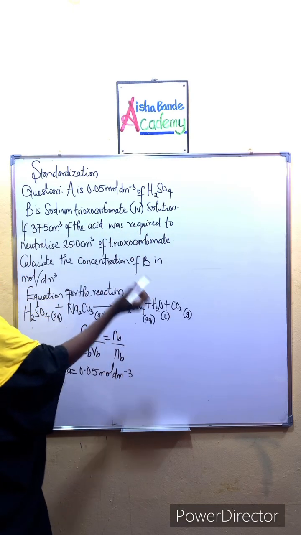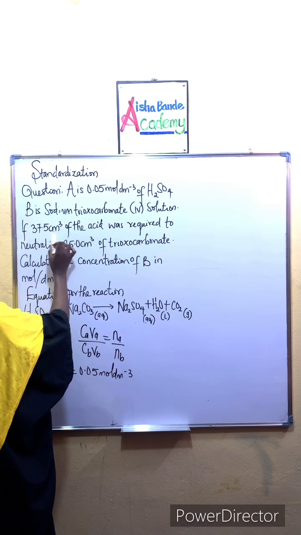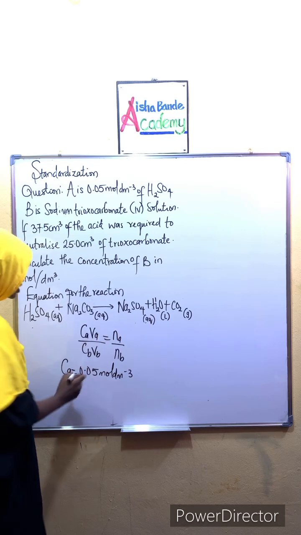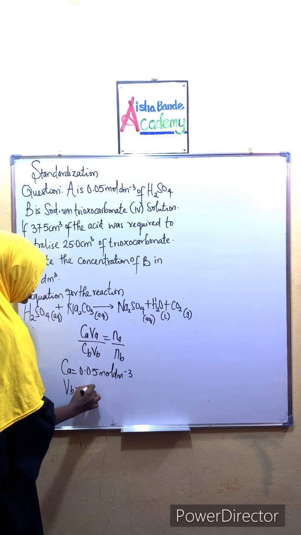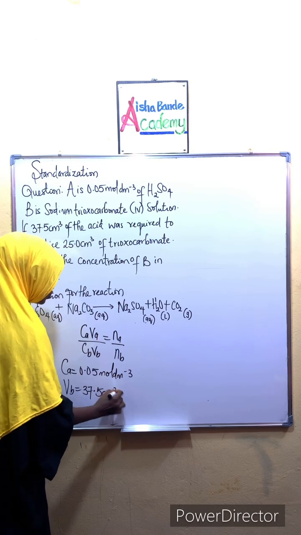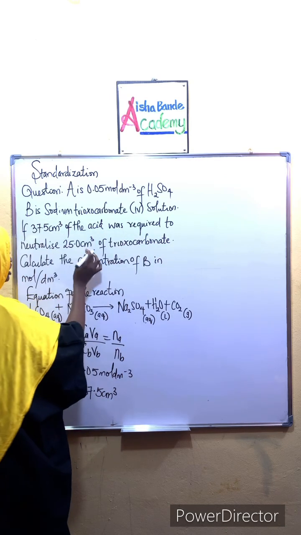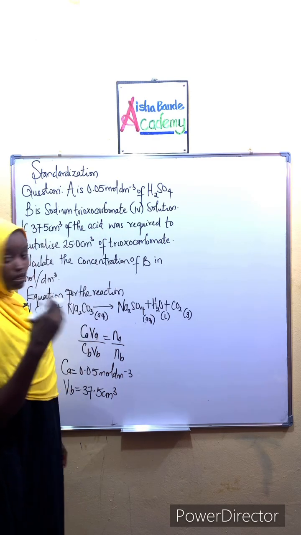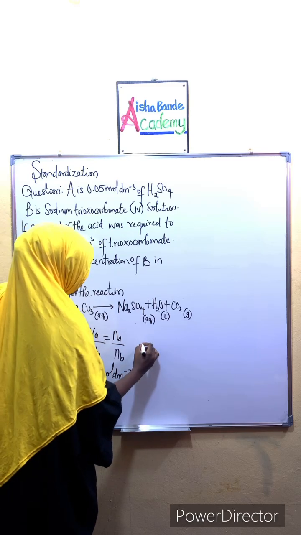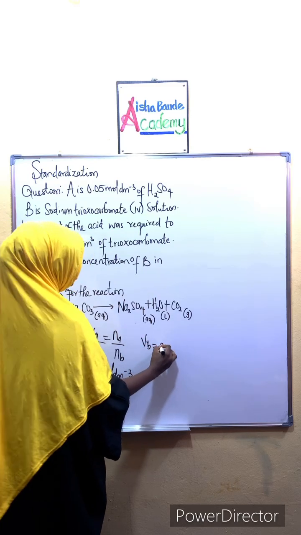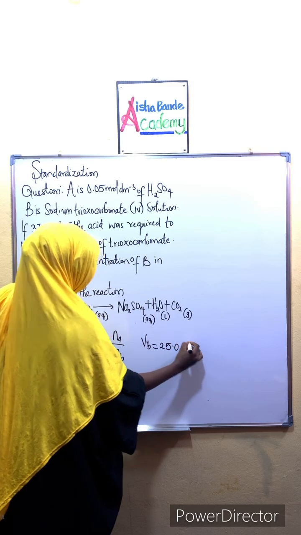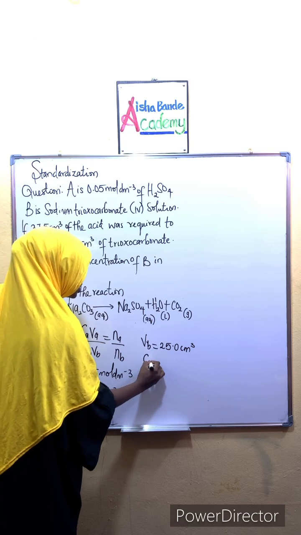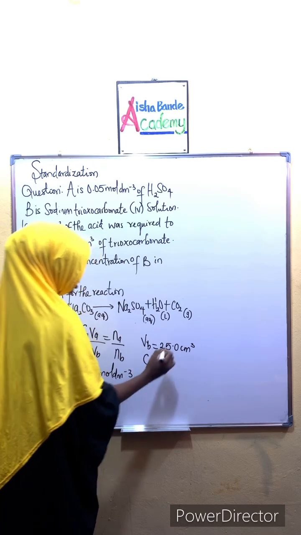It says that 37.5 centimeter cube of the acid, that's the volume for acid, was required to neutralize 25.0 centimeter cube of trioxocarbonate. Trioxocarbonate here is the base, so VB, the volume for the base, is 25.0 centimeter cube. We have to calculate the concentration of B, so we are looking for CB, the concentration of the base, which is the unknown.